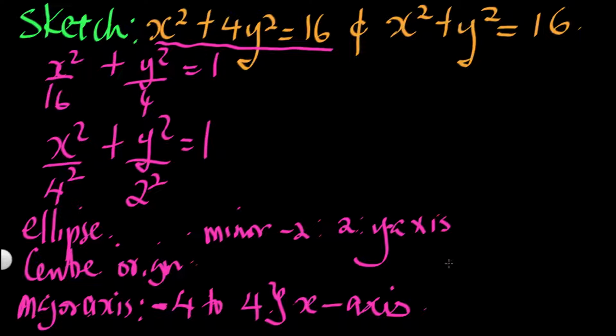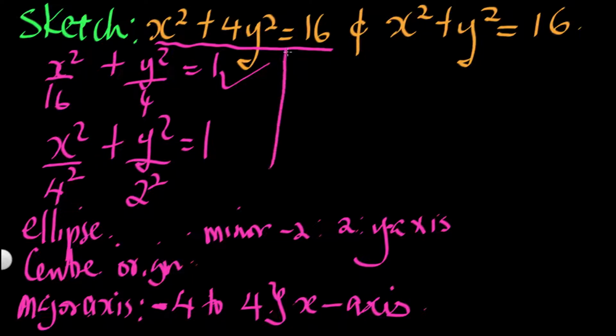I am getting all this information from this standard form. This is the standard form of an ellipse. If you know the standard form of an ellipse, you can easily sketch an ellipse. So if you don't know how to sketch an ellipse, you should learn how to, because you're going to need that knowledge in solving these kinds of questions.